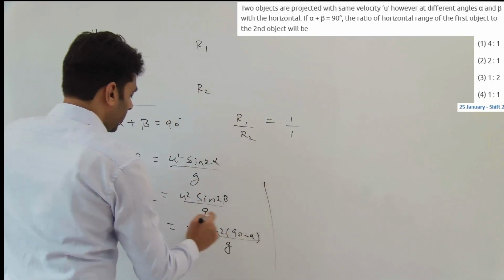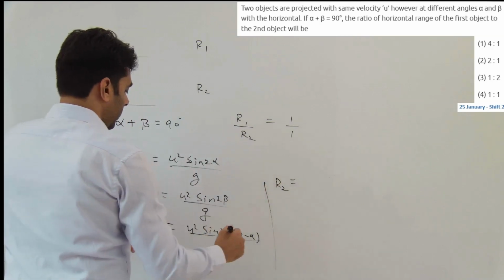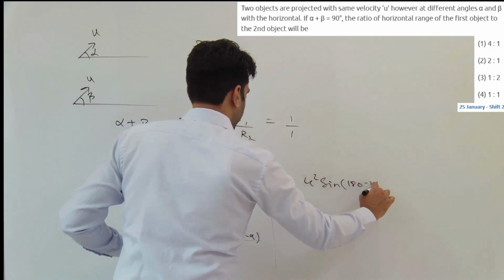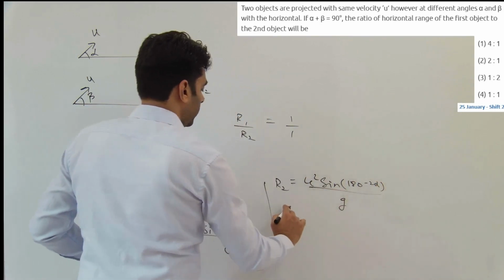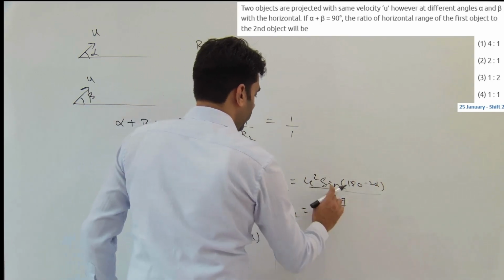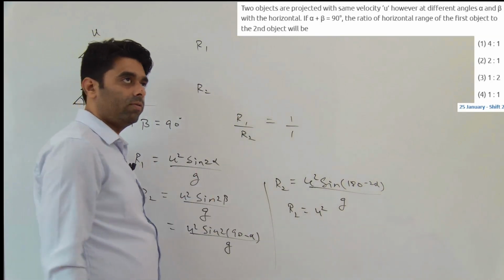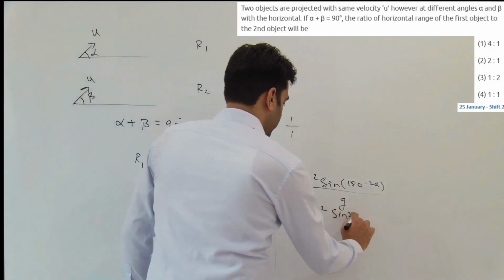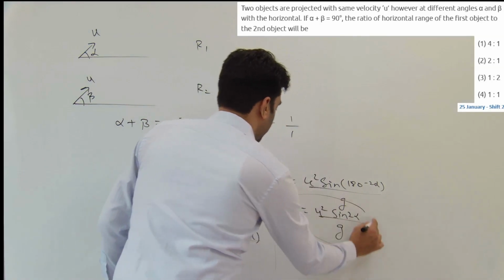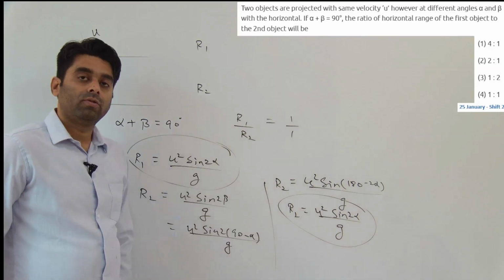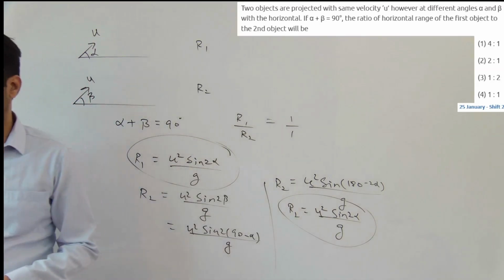So R2 value is u square sine of 180 minus 2 alpha by g. Sine 180 minus theta is sine theta, so sine 180 minus 2 alpha is sine 2 alpha, by g. This is your R2, this is your R1. R1 and R2 values are the same. That means the ratio will be 1:1. Fine. Let's look at the next question.